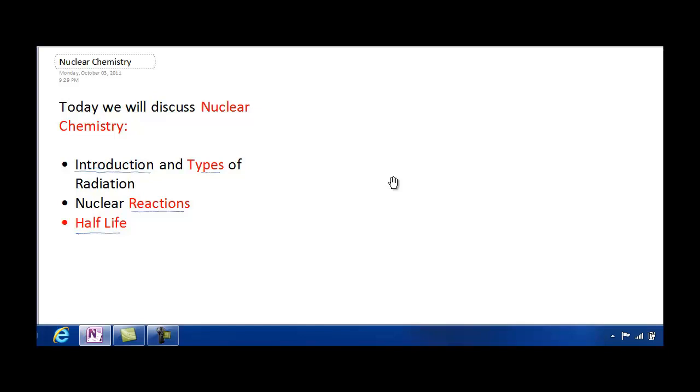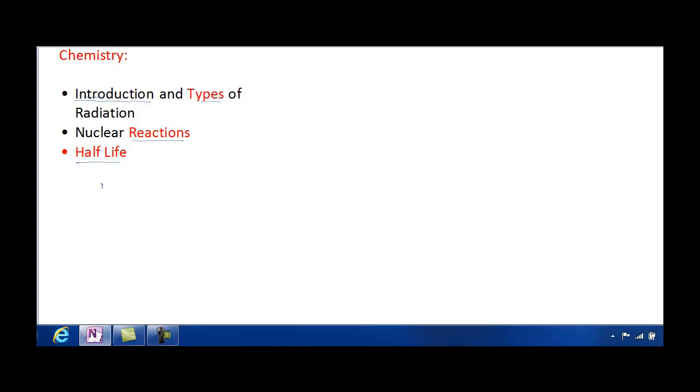Reviewing some concepts from the past. Remember when we talked about isotope symbol? Yes, we remember this? If I gave you uranium 238, what did the 238 represent?